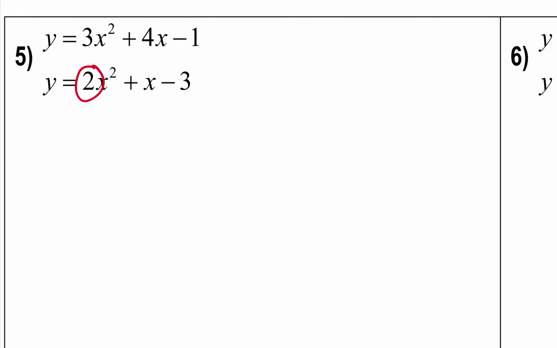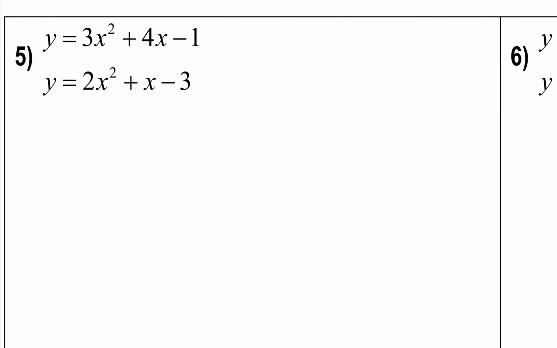Reason being is that way you will always have a positive x squared, because if you do end up with a negative x squared, then you have to flip the signs again anyways before you factor. So that's just saving you one step. So always flip the lower x squared equation and you'll always be okay.